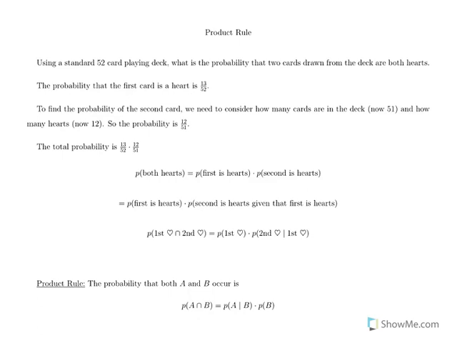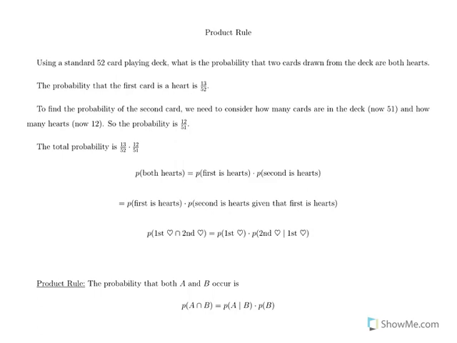It should be fairly clear that the probability that the first card we draw is a heart is 13 out of 52. There are 52 cards total, 13 of them are hearts. That's our probability. However, to find the probability of the second card, it's a little bit more complicated because we've gotten rid of one of the cards.